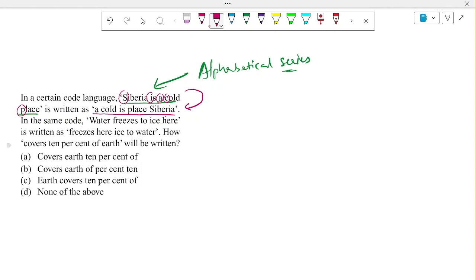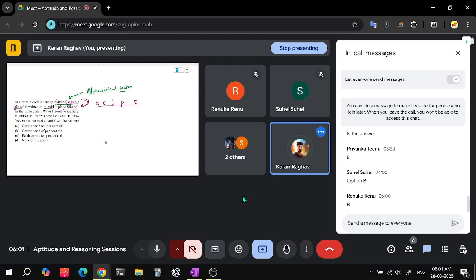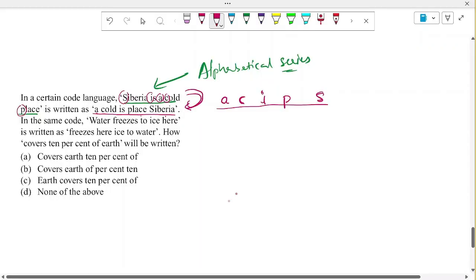So in this, A will come first, so A is written, and then we have got C, so cold is written, I, is written, P, place is written, yes, Siberia is written. So in this way we are just rearranging it. Now can you tell me what is the answer? So option B.